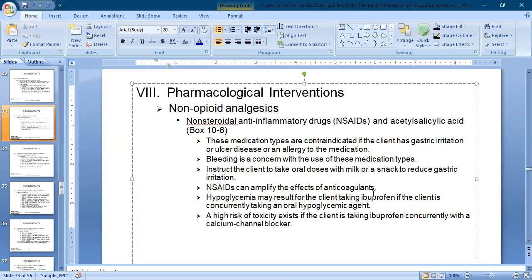Ibuprofen is a pain medication, but it is a non-steroidal anti-inflammatory. A high risk of toxicity exists if the client is taking ibuprofen.